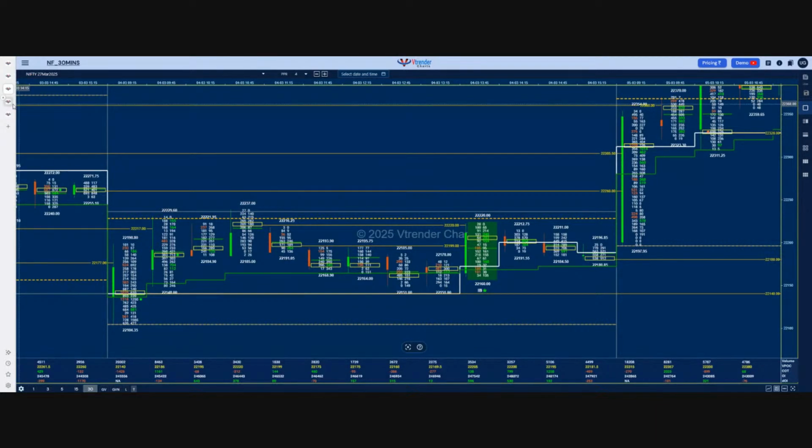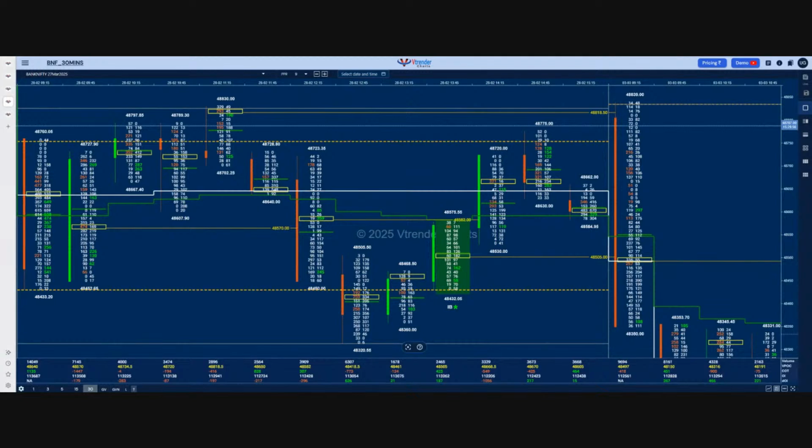Now let us have a quick look at the Bank Nifty order flow, and we can see how Bank Nifty was not exuding that kind of confidence which Nifty futures showed us. So this is the 28th February order flow, 30-minute order flow of Bank Nifty. You can see how the lower open got zeros at the top, and we went on to make these lows of 48433, but we were not able to extend below the A period lows.